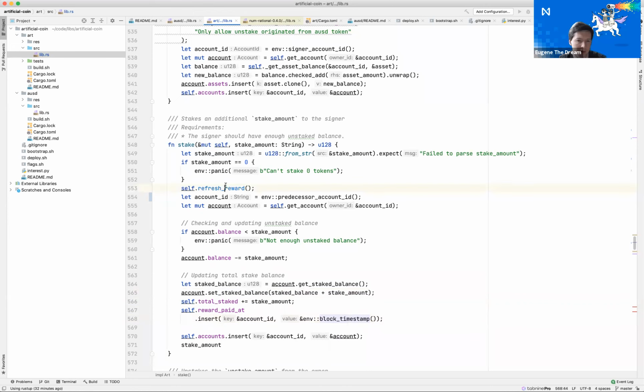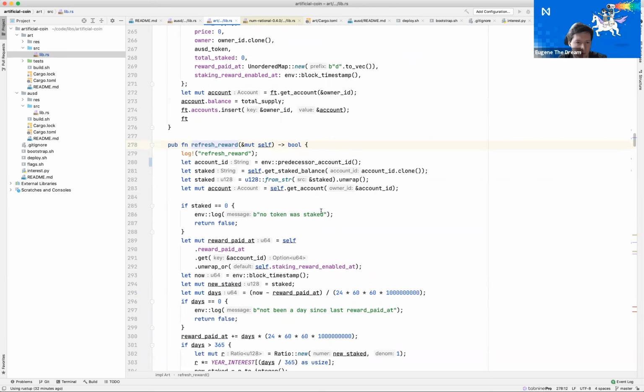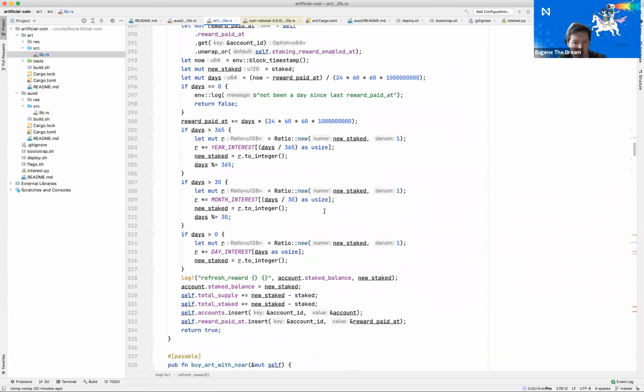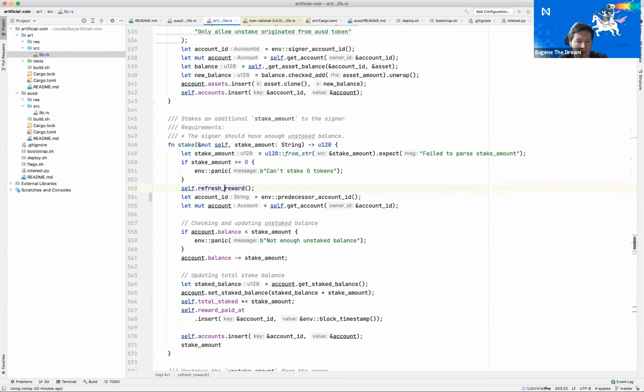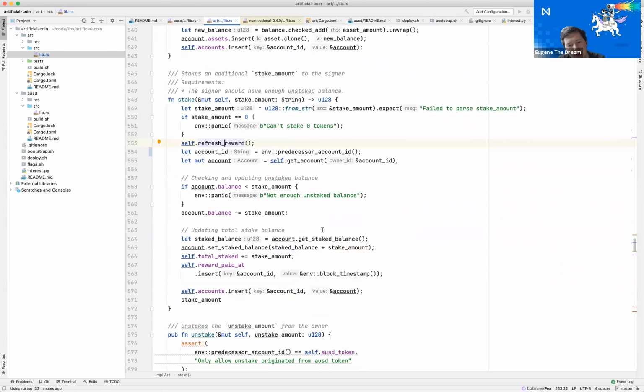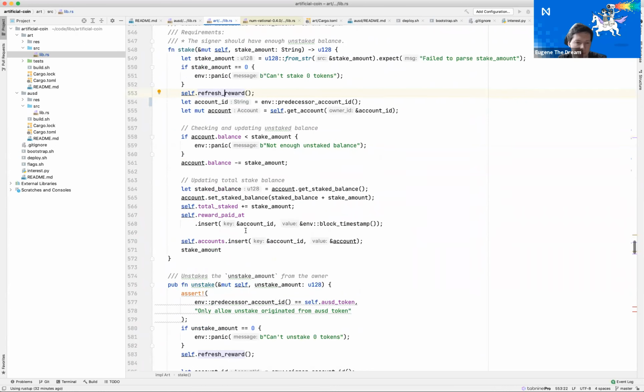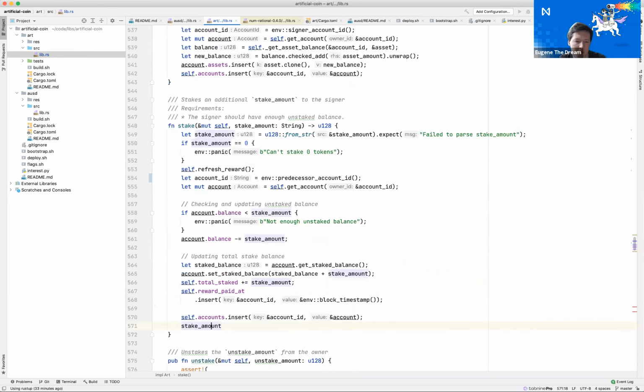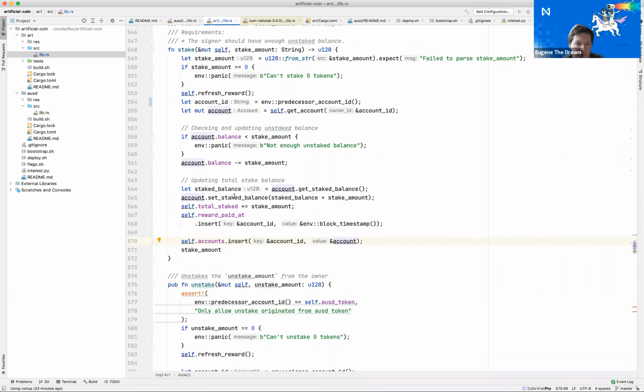I mean, that's probably not needed because this one will save it as well. Okay, you may need it because you increased your stake, right? Okay, save the account and return the amount. But you already saved the account, so you don't really need to save this again because it was saved in the past.